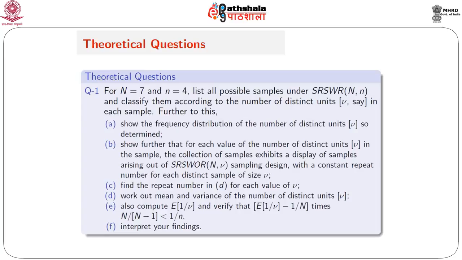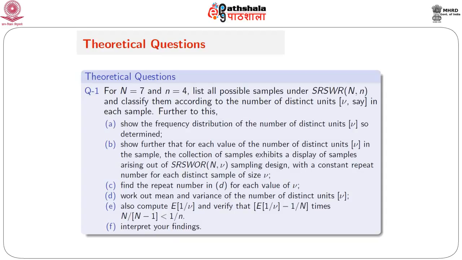If you write the expression for both the variances, sigma square, s square, and apply the relation between the two, you will end up with an inequality which depends on capital N, small n, and through them an explicit expression for expected value of 1 by nu.